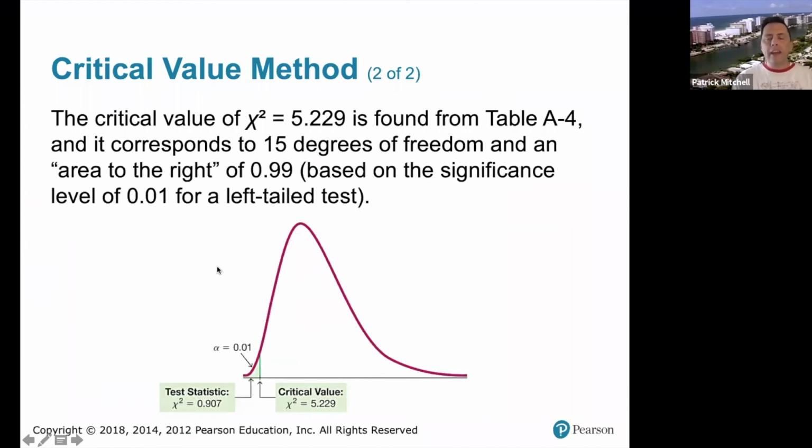So we are looking at very, very strong evidence against the null hypothesis, all right? Because if the population standard deviation really was 7.5, there is practically 0 probability of getting a sample with a sample standard deviation this low, all right? Practically impossible.